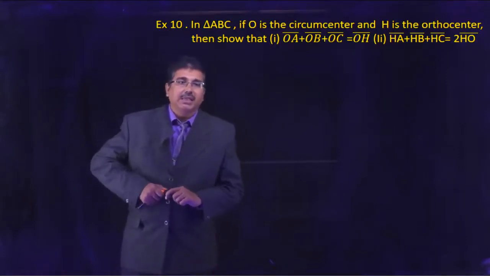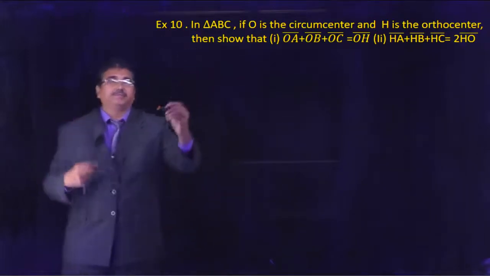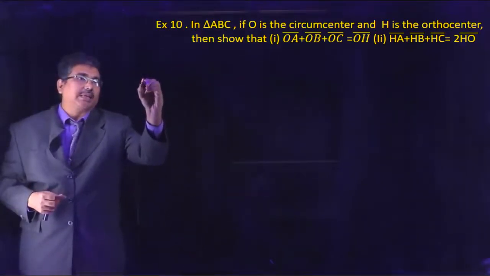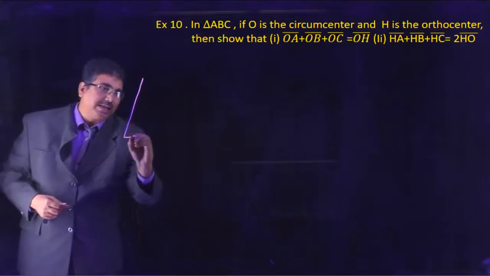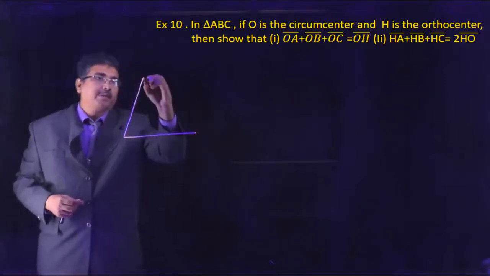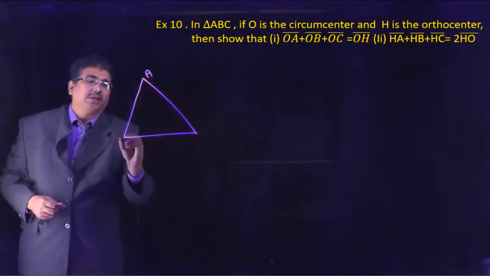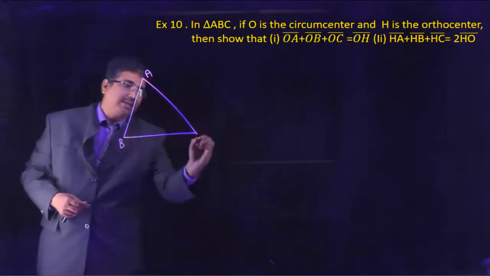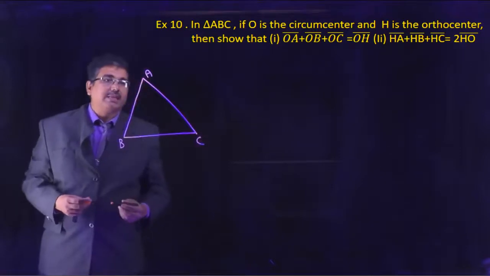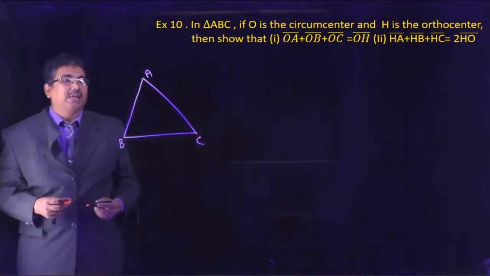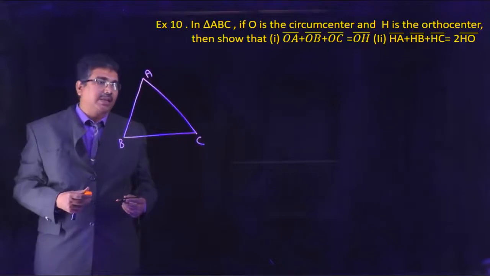This is a triangle ABC. In a triangle ABC, O is the circumcenter and H is the orthocenter.